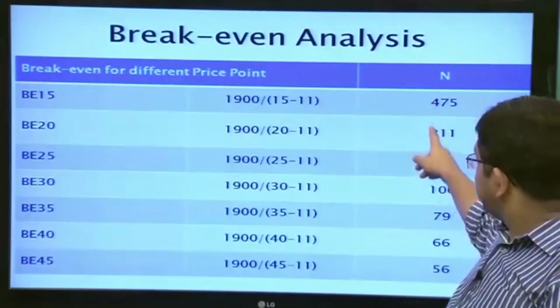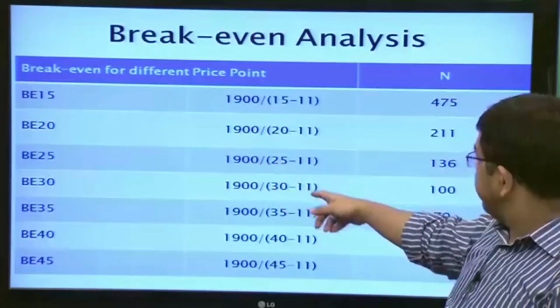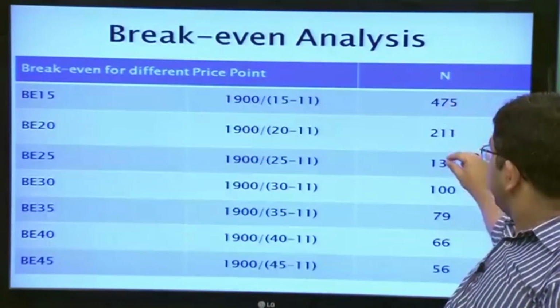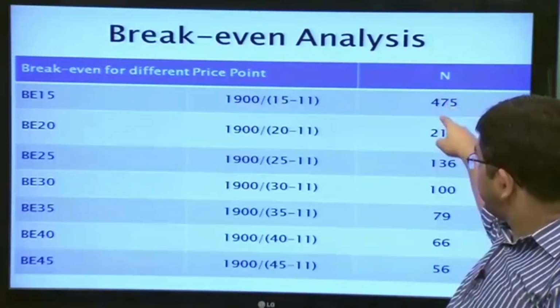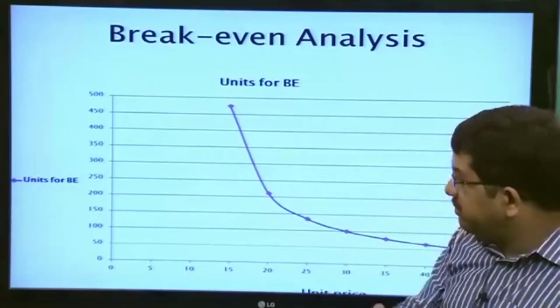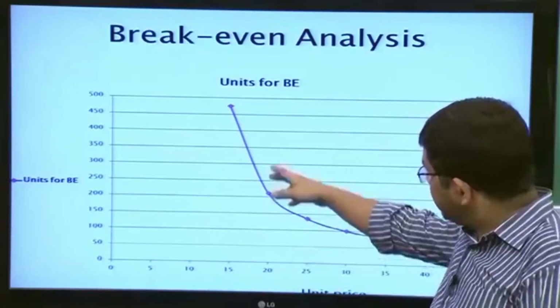So, you see that there is a sharp decline. Then if I go from 20 to 25, again $5, the decrease in the number of units is not as sharp as it was from 15 to 20. Probably the better way to understand this is through this graph.